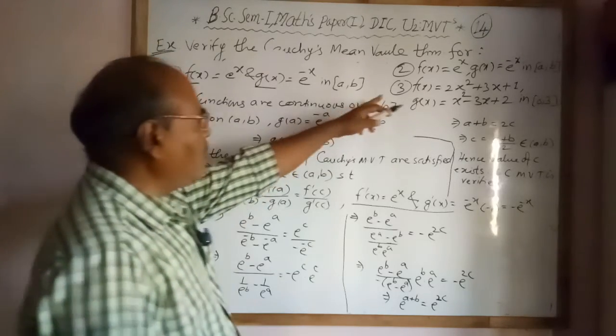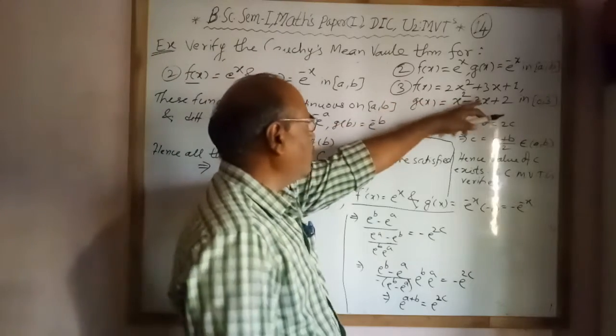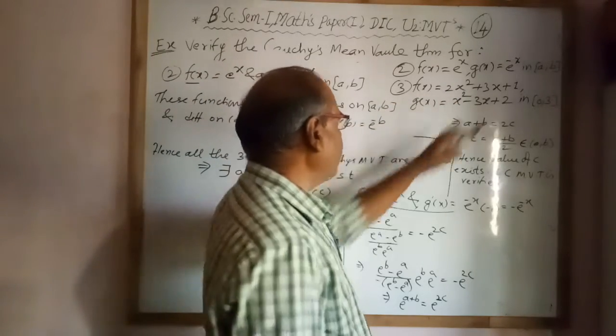Then we see the next example, f of x equal to 2x square plus 3x plus 1 and g of x equal to this.